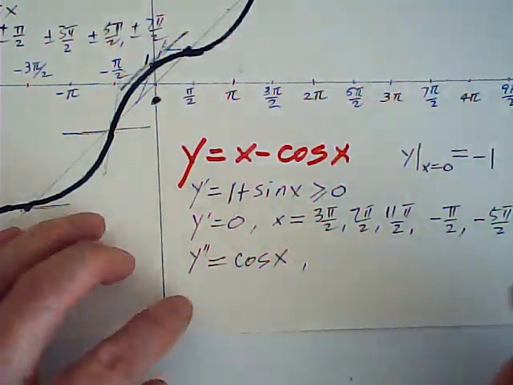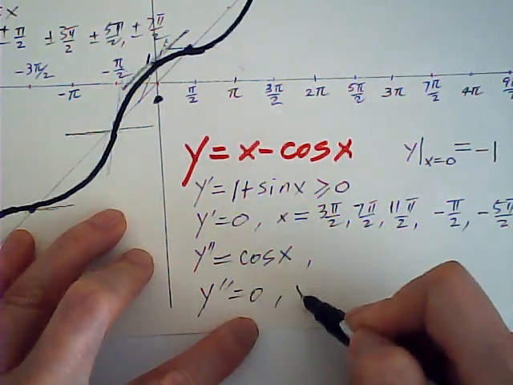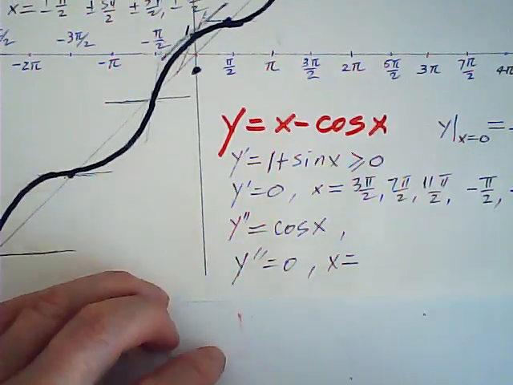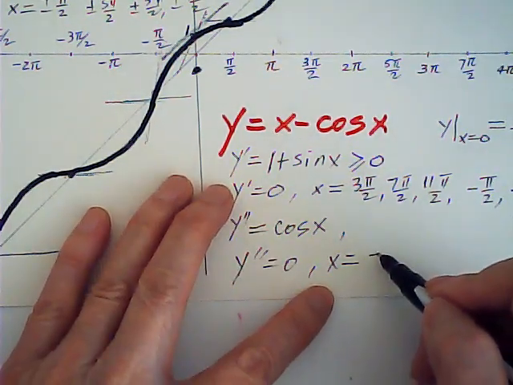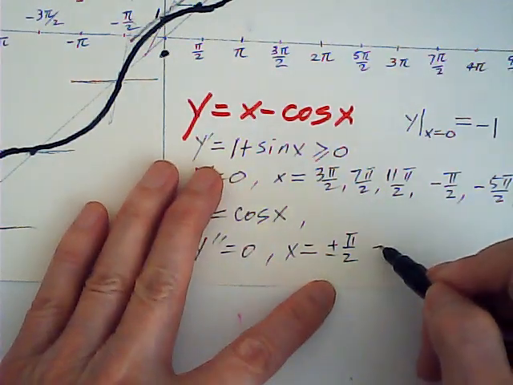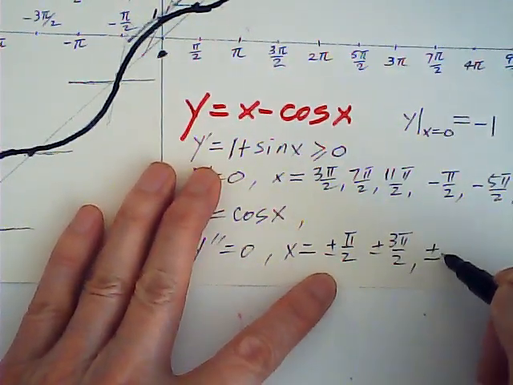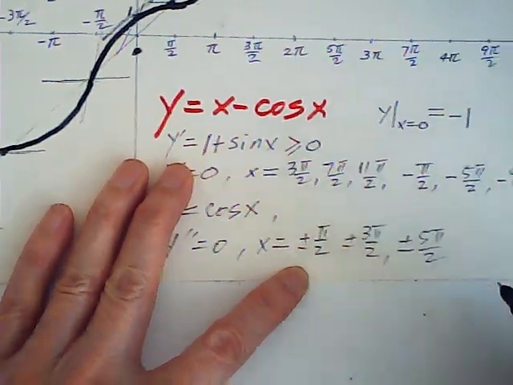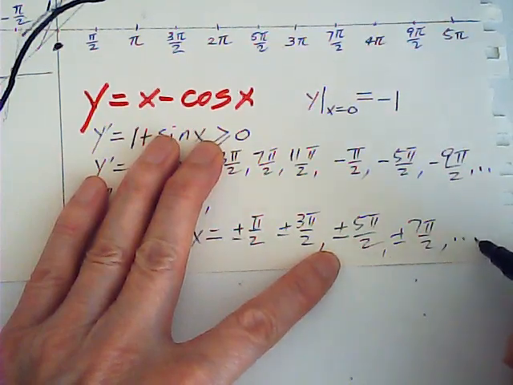So therefore, the second derivative equal to 0, x would be equal to plus or minus half pi, right? Plus or minus 3 pi over 2, plus or minus 5 pi over 2, plus or minus 7 pi over 2, and so on.